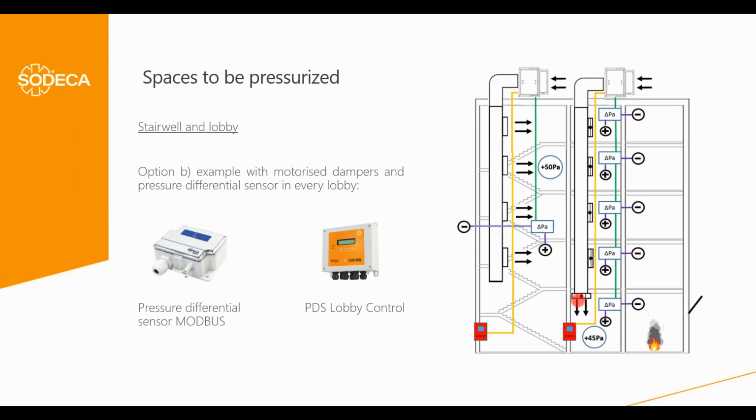In addition, the damper in the specific lobby has to be opened. This can be done from the fire alarm system or from our PDS control system, which has a pressure sensor and has the possibility to open this specific motorized damper, and also to open the air release damper, as we will see later on.